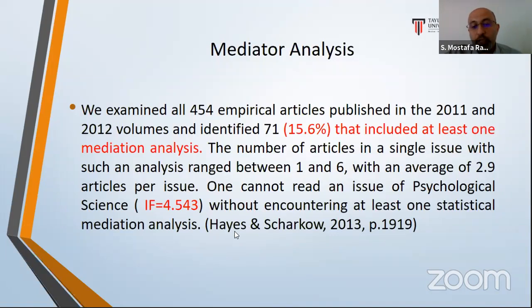In this paper, Hayes and Schwartz reviewed 454 papers published in 2011 and 2012 in, if I'm not mistaken, the Journal of Psychological Science, and they identified that 71 papers out of these 454 included at least one mediator.